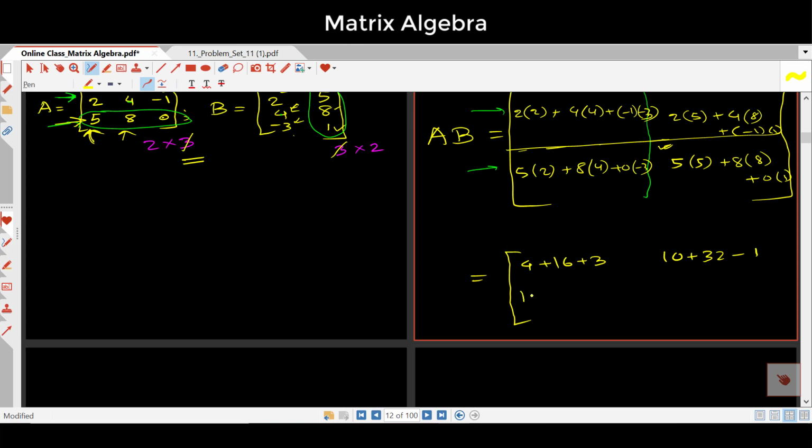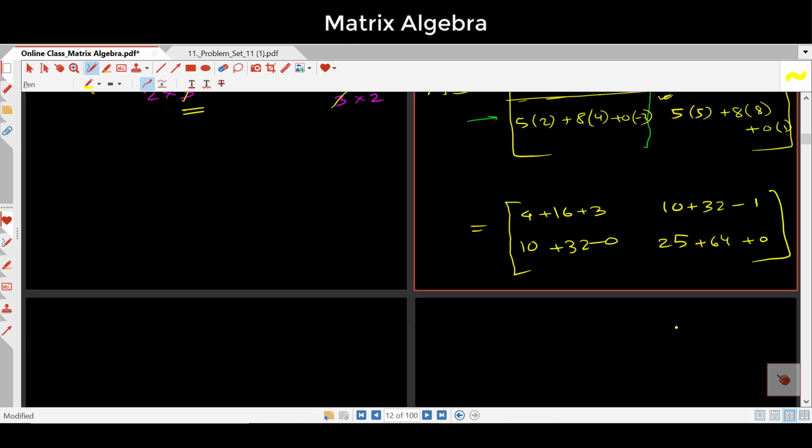Here we are getting 10 plus 32 and 0. Here lastly we are getting 25, 64 plus 0.